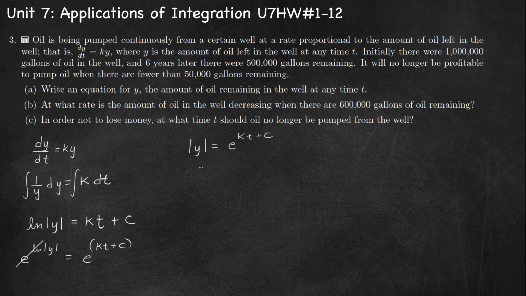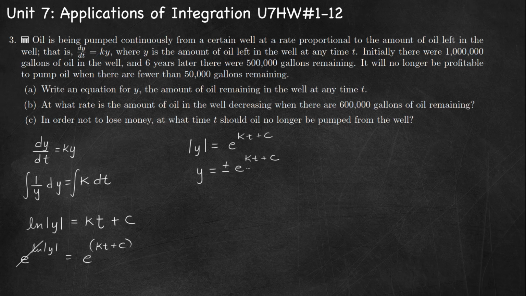To drop the absolute value, I put a plus or minus in front. And then I'm going to multiply both sides by plus or minus, so the plus or minus essentially gets moved to the other side. E to the kt plus c.